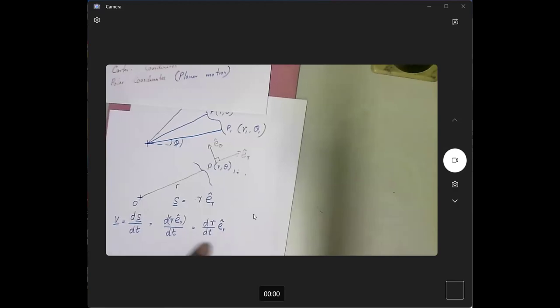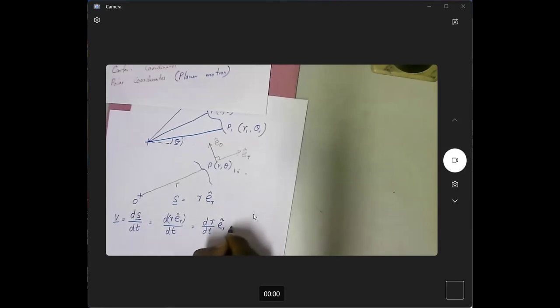You can see dr/dt into e_r. Okay, d e_r over dt. So how to find that? You want to see this part. Isn't that zero?